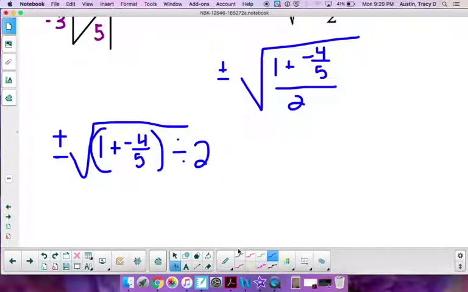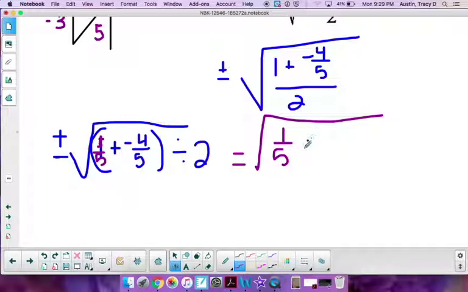Get a common denominator, so that 1 should become 5/5, right, to have a common denominator. And you do need to go ahead and simplify it. So 5 plus -4 is going to be 1, right? So that's now 1/5 divided by 2.